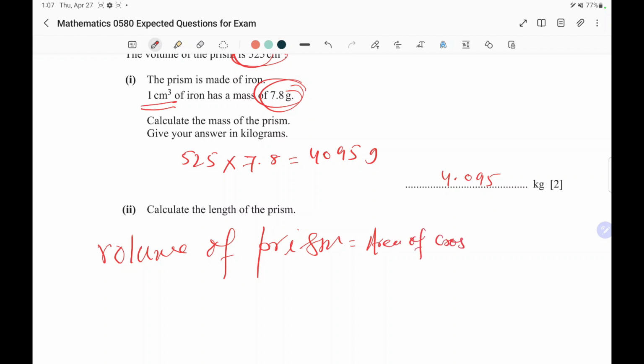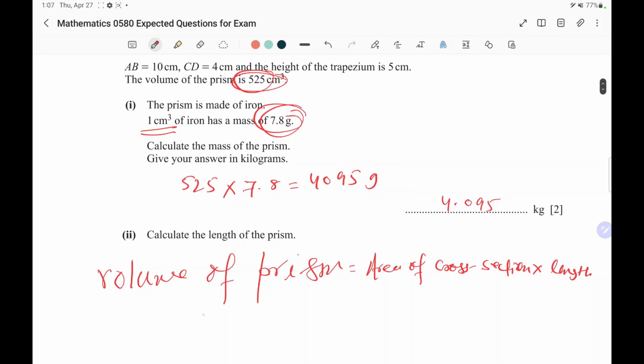The volume of the prism is already given to us, 525 centimeter cube.